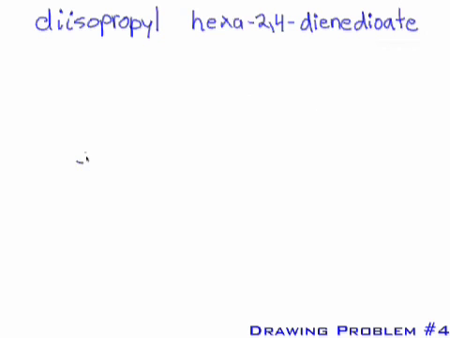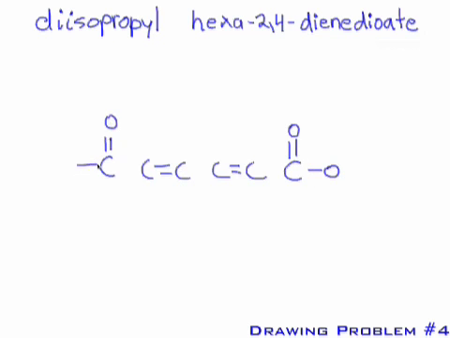1, 2, 3, 4, 5, 6. Next, we have a 2,4-diene. So 1, 2, 3, 4. Now, dioate means esters. So you put in your double bond O and your double bond O. Off of the oxygens are isopropyls.